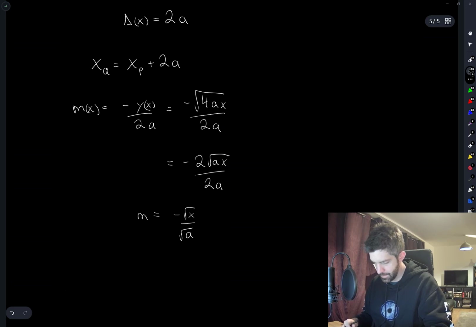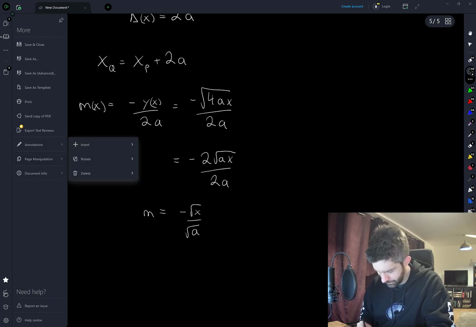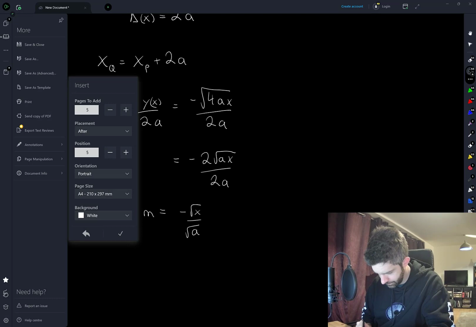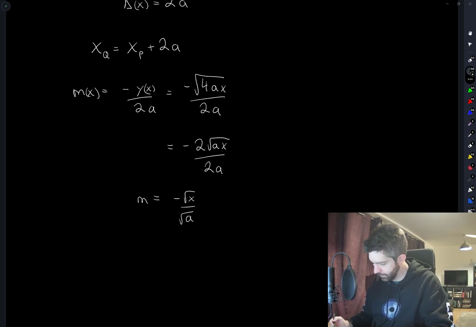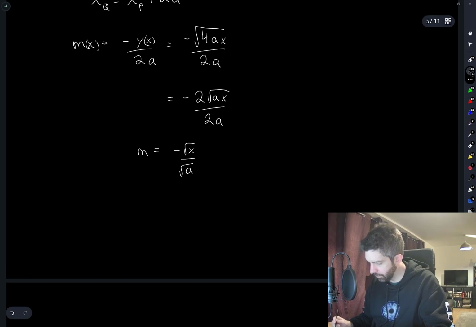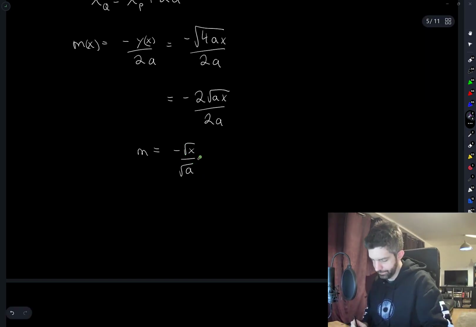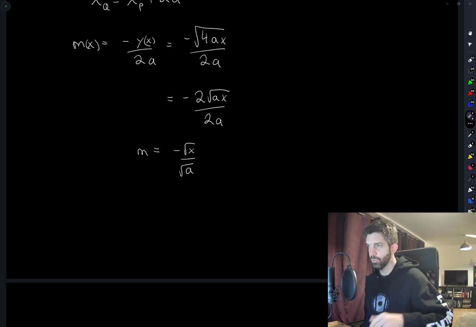Not really a big deal. So if m is an integer, then clearly root x over root a, any x is going to have to be a multiple of a, but it has to be a perfect square multiple of a.